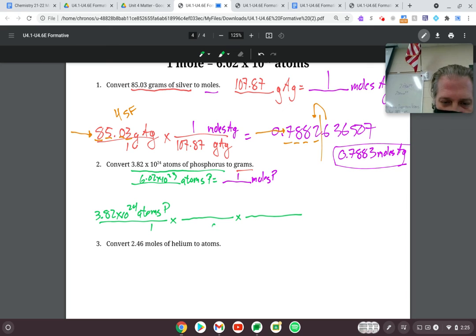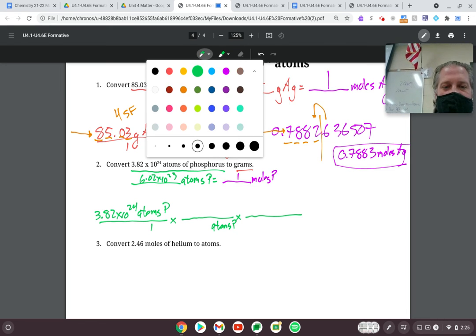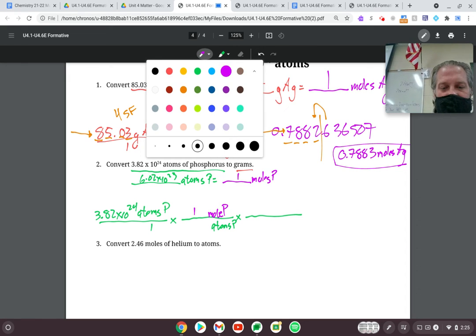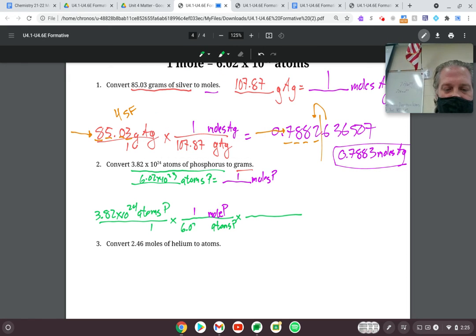So I'm going to put atoms of phosphorus on the bottom so that they cancel out. Put moles of phosphorus on the top, so that's my intermediate step. I have 1 mole of phosphorus being equal to 6.02 times 10 to the 23rd atoms of phosphorus. And so my atoms of phosphorus are canceling out.